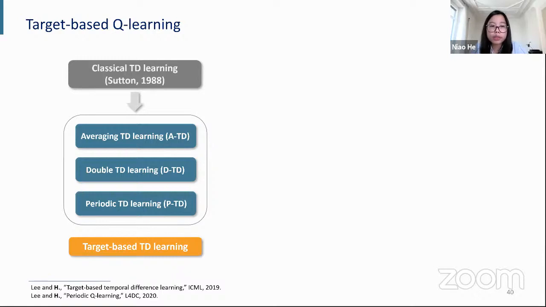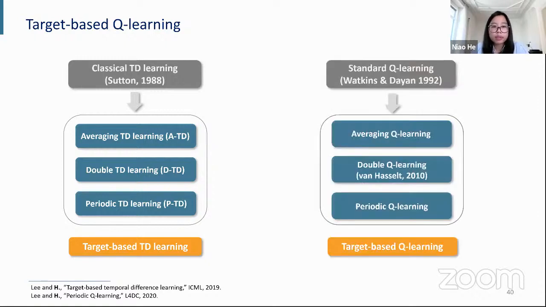Every 50 iterations, you are going to update your target values, or you can update it in a Polyak averaging fashion, right? We call this averaging Q-learning or average TD learning algorithms, or periodic TD learning algorithms, right? You can easily come up with all of these different strategies to update your target values.